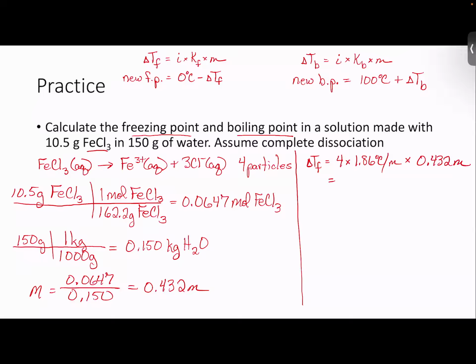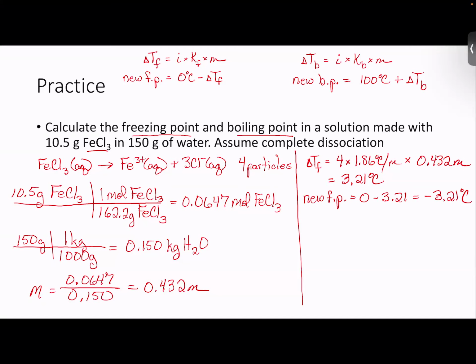So delta Tf is 3.21 degrees Celsius. So our new freezing point is going to be 0 minus 3.21, or in other words, negative 3.21 degrees Celsius.